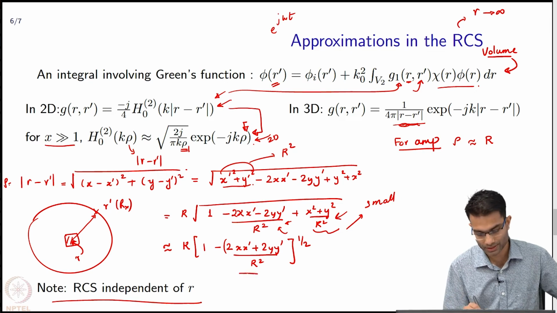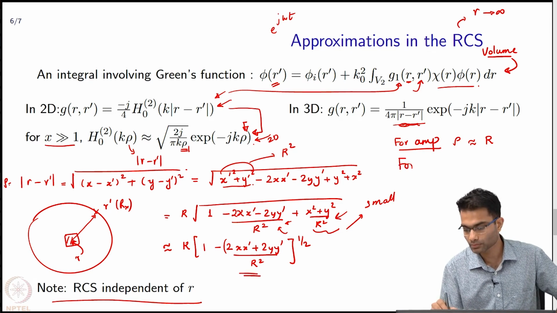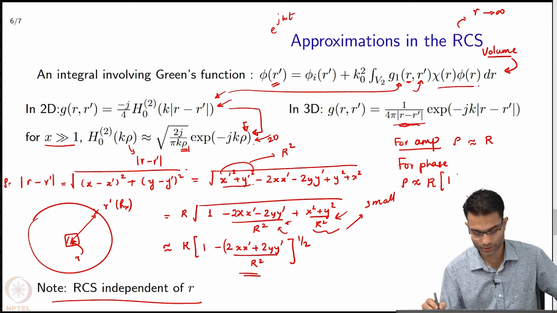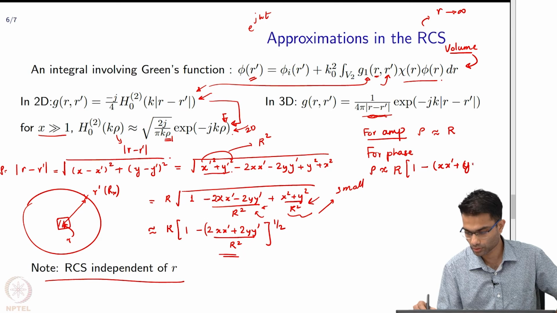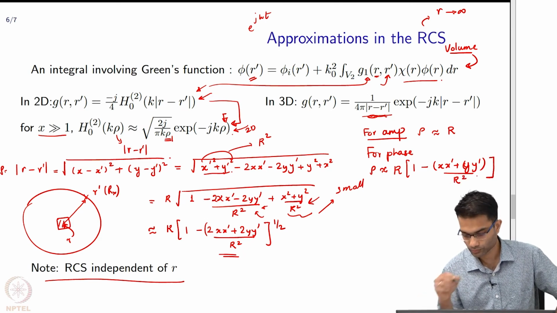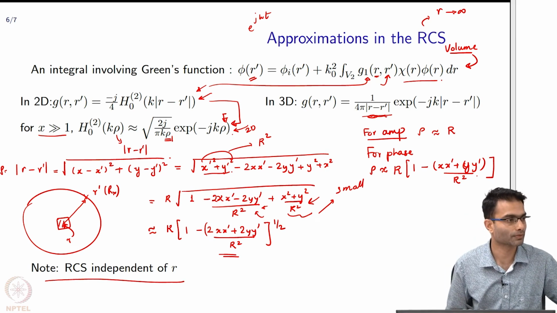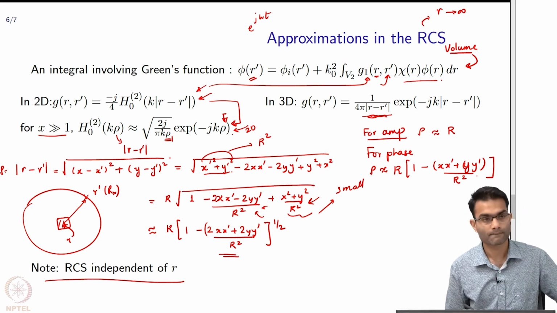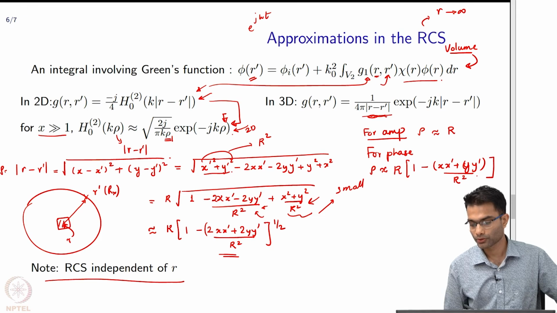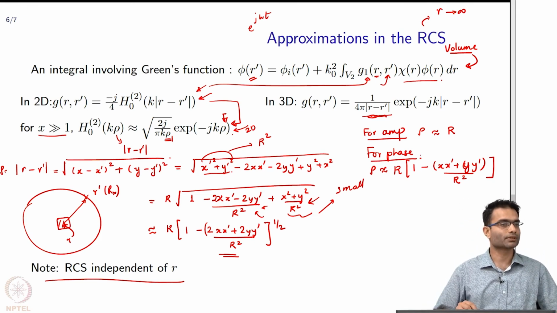And for the phase term you write rho is approximately equal to r into, you can use the binomial expansion over here, and you will get a term where one of the 2's cancelled off. This is a very common approximation that is used, and that gives you very good accuracy also.